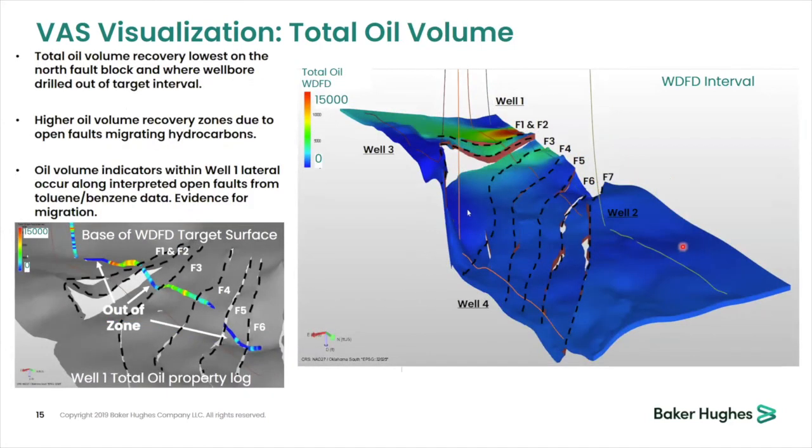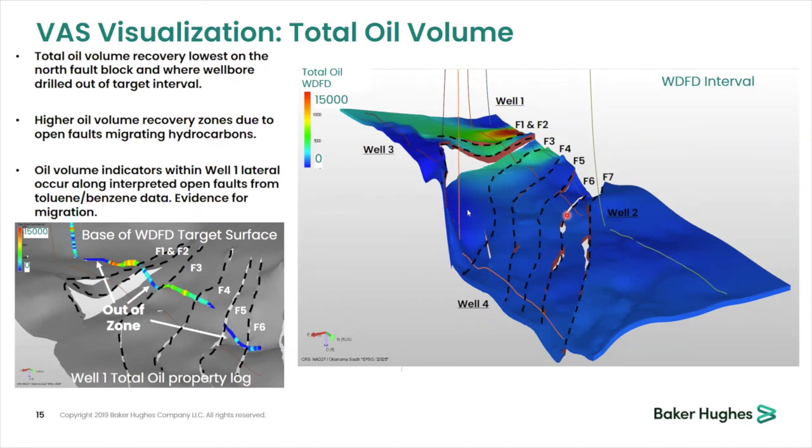And here's the total oil volume recovery, and we can see that it's definitely lowest to the north and where we're drilling out of target. Our higher oil volumes are in the recovery zones due to open faults migrating hydrocarbons.